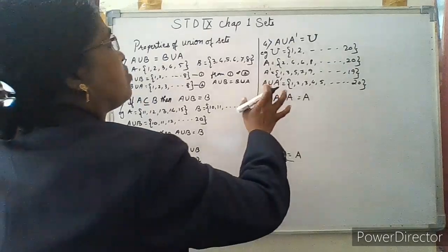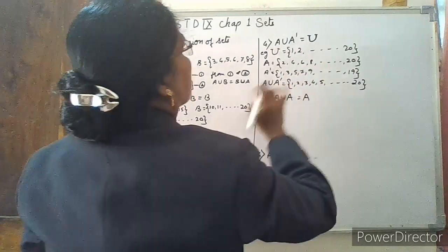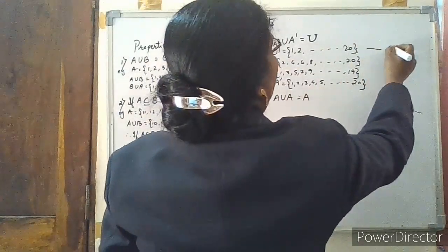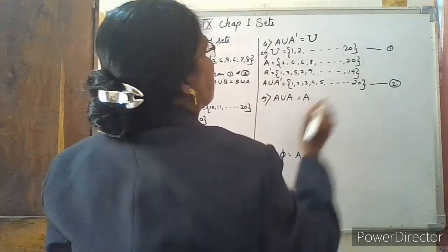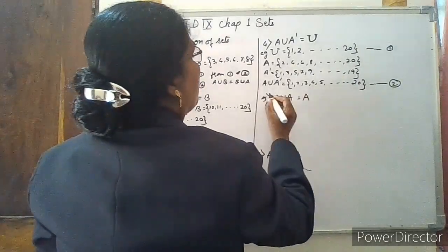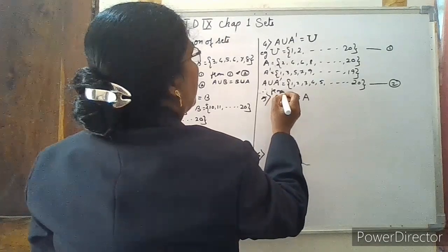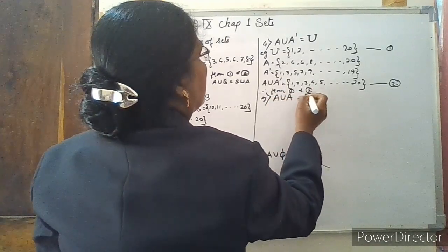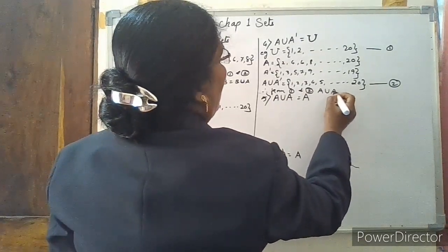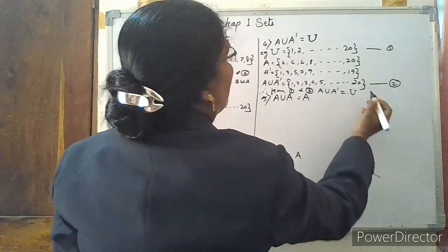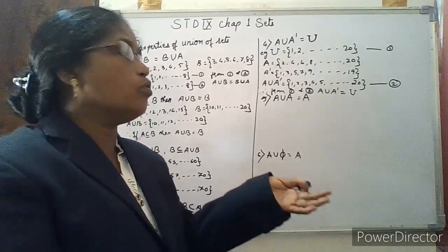So from this, now look at this and look at the universal set. Universal set, let us take it as 1. Then A union complement of A, let us take it as 2. So from 1 and 2, it is understood that A union A complement is equal to the universal set, or B union B complement is equal to the universal set.